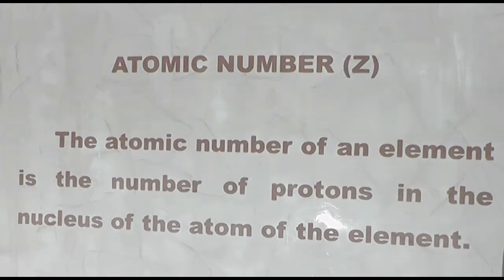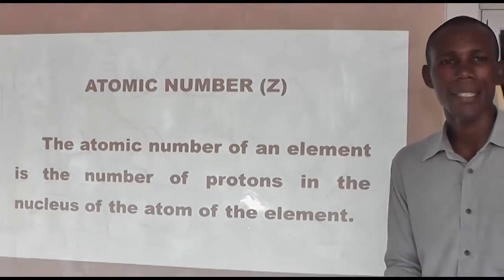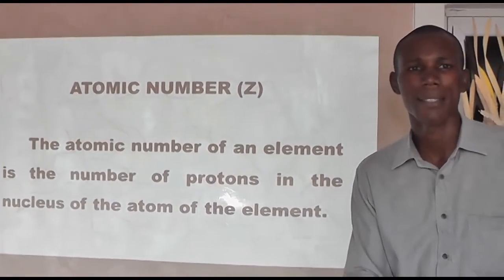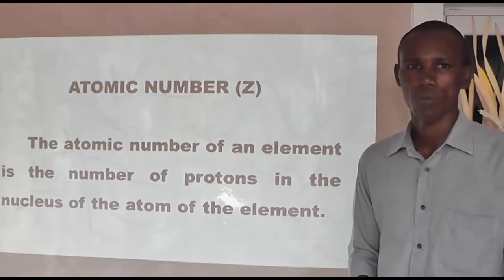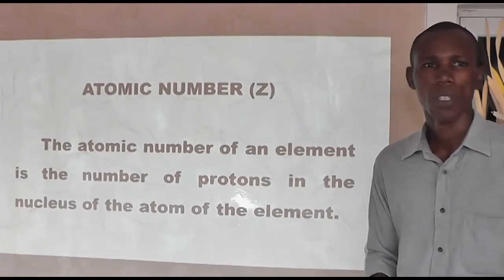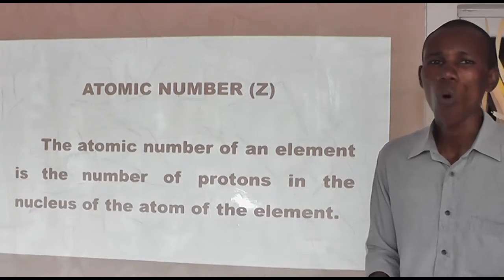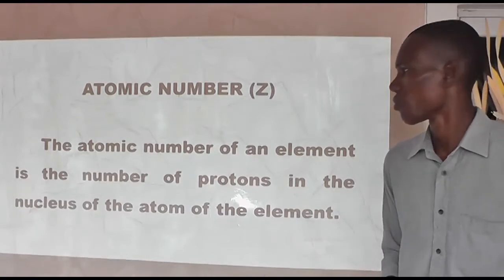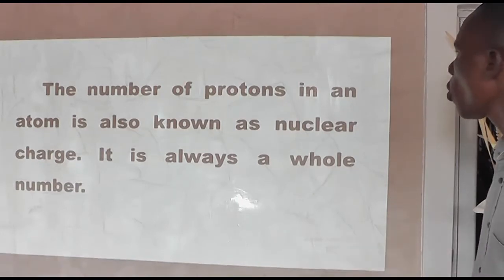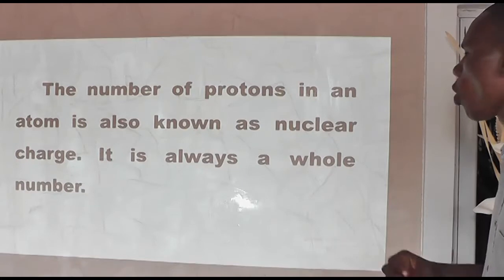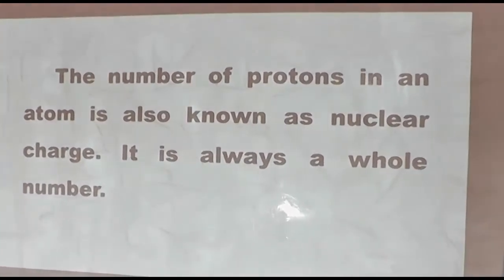Now, when you are given an element, the number of protons that the nucleus of that element has is referred to as the atomic number. Therefore, the number of protons is equal to the number of electrons. The number of protons in an atom is also known as the nuclear charge. It is always a whole number and equals the number of electrons.